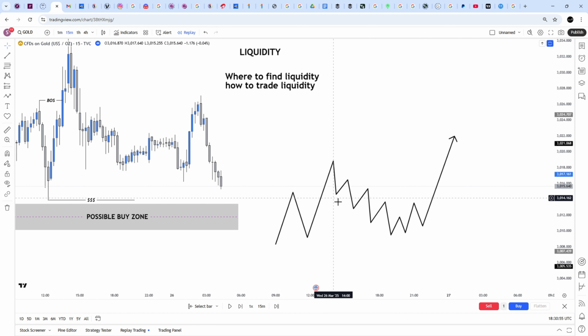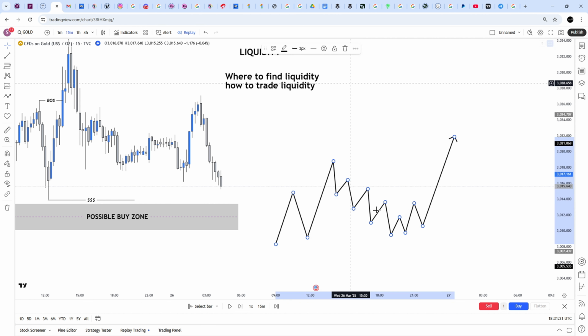So the market was leaving more liquidity of buyers who are trying to push the market high, but instead the sellers were pushing the market low and then they were taken out. So buyers have been leaving their stop losses down here, and then the sellers could come and sweep away the liquidity or the stop losses. So that's how the stop losses are taken, or liquidity is taken in the market.